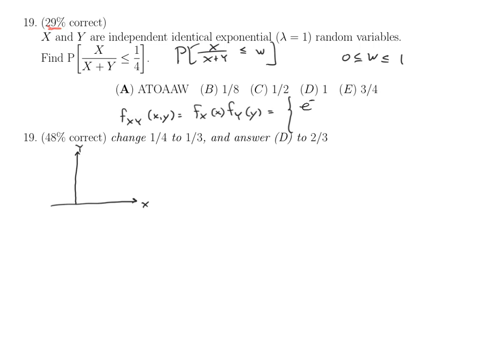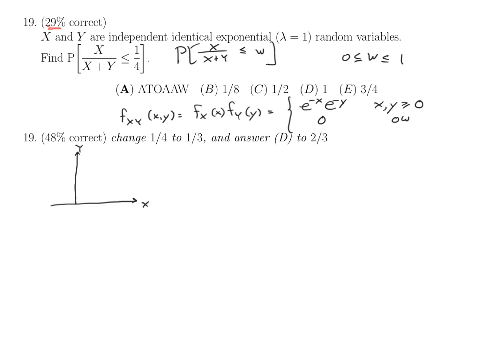So it'd be e to the minus x, e to the minus y for x and y greater than or equal to 0, 0 otherwise. What was the box in the previous version of the problem becomes: x and y can be any point in this upper right quadrant, the non-negative orthant. Maybe it's a quadrant, not an orthant.